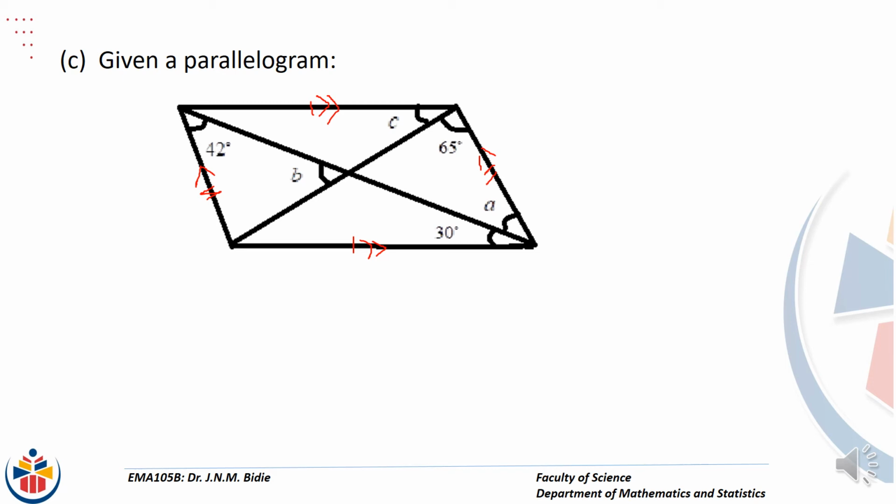We're given 65 degrees, 30 here, and 42, and we're supposed to calculate A, B, and C.